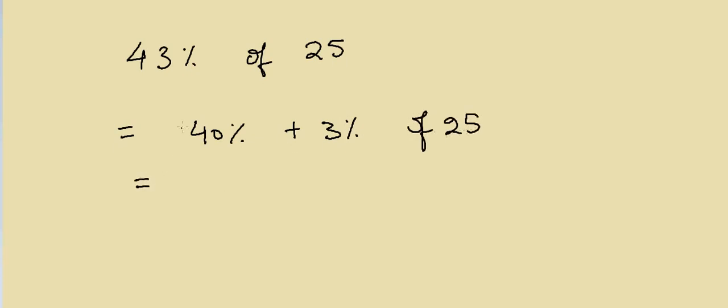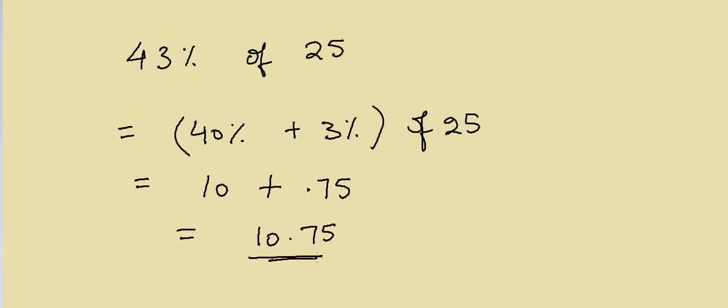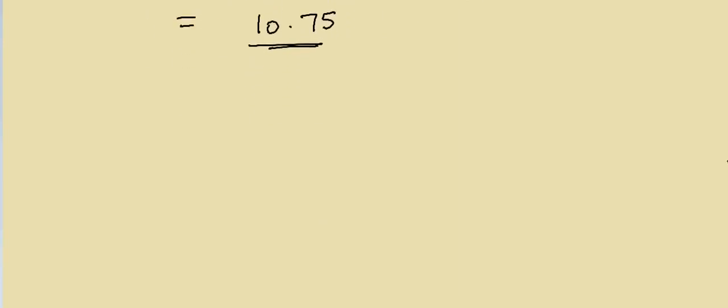So 40% of 25, that is 4 times 25 divided by 10, that is 10, and for 3%, 3 times 0.25 is 0.75. So the answer is 10.75. That's how you work with or imagine these numbers in your brain. If you practice, you should be able to do that quickly.